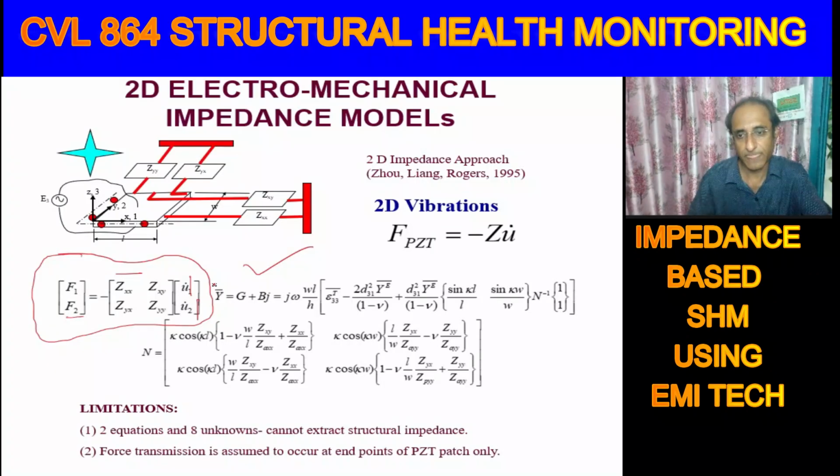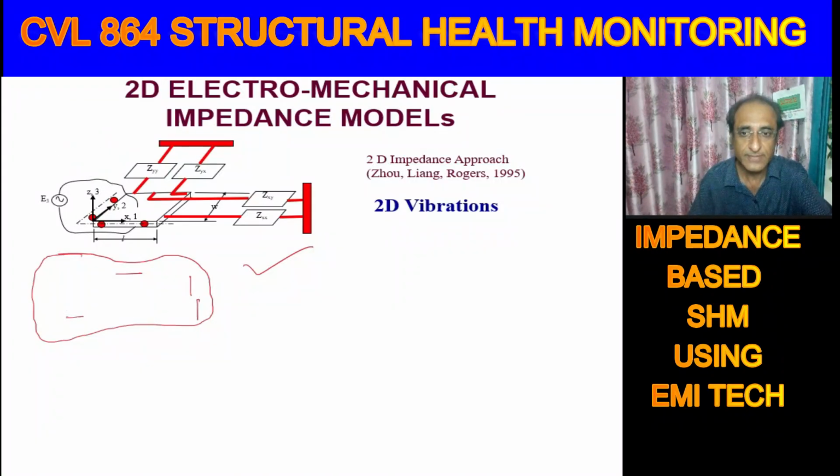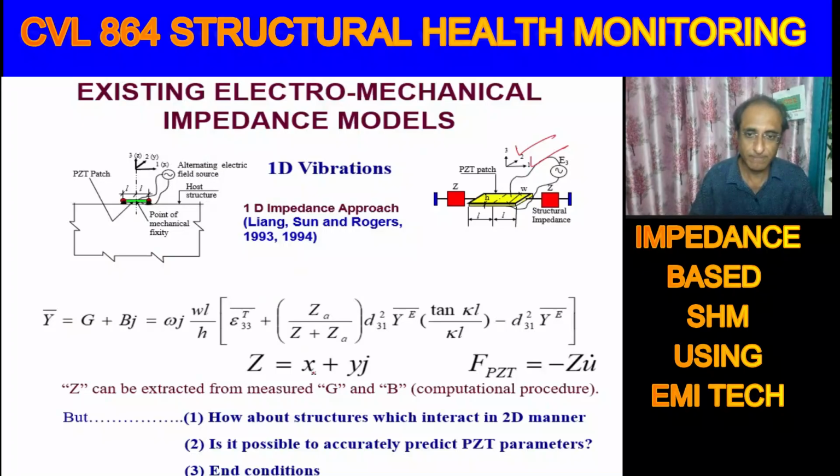But if you see this equation, say I have derived the signatures, and you want to find out the mechanical impedance of the structure, you will find difficulty. I take you back to Liang's equation, which is very simple.